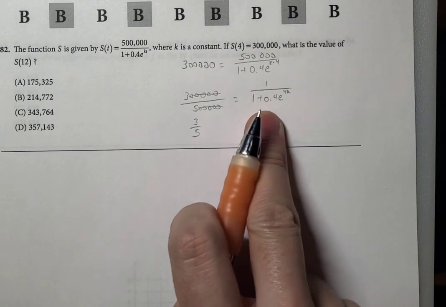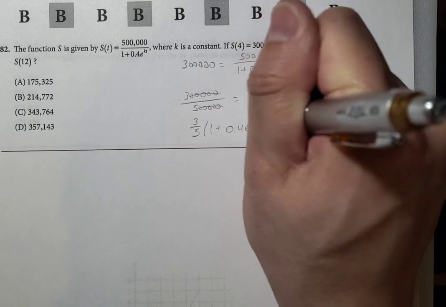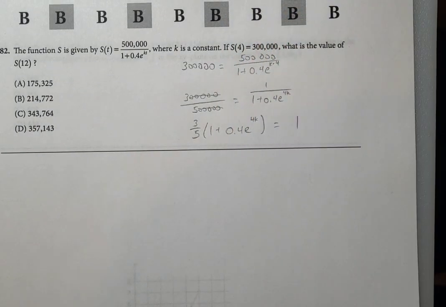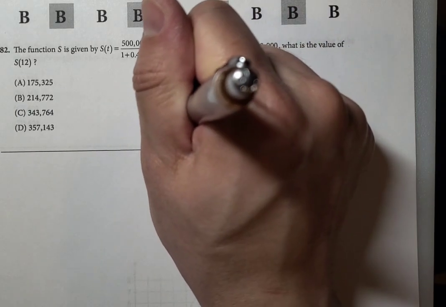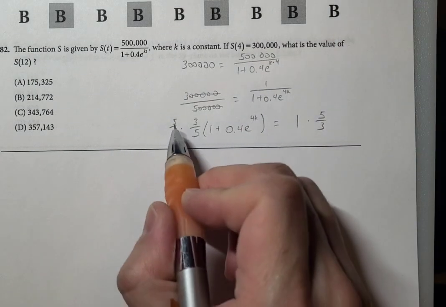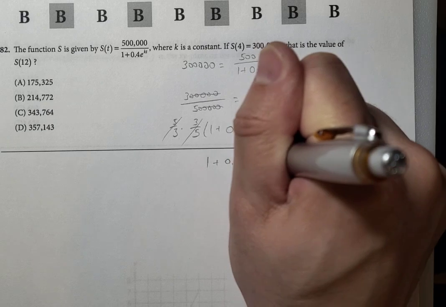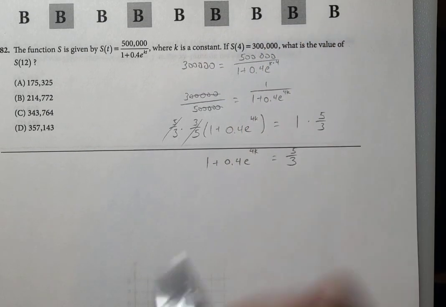Okay, and then I'm going to multiply by this 1 plus 0.4 e to the 4k is equal to 1. Okay, so I can multiply by 5/3 on both sides. Why do I want to do that? I would get rid of this. Okay, so 1 plus 0.4 e to the 4k is 5/3.